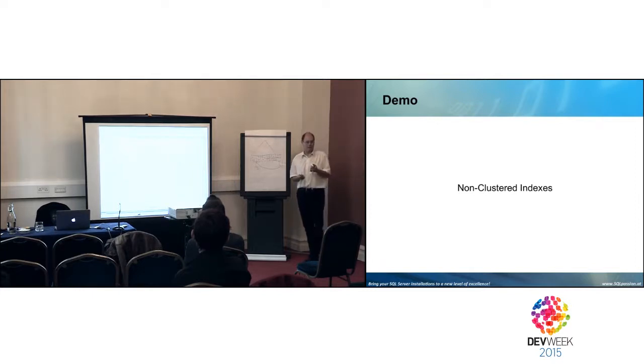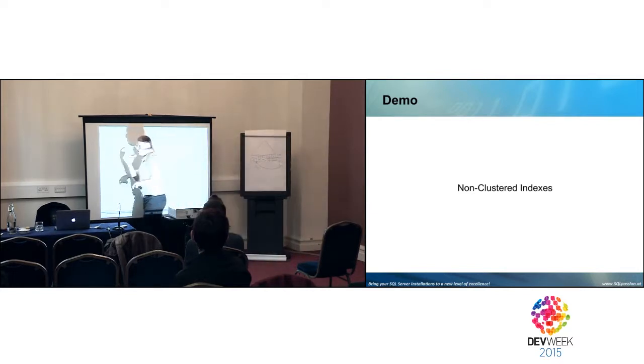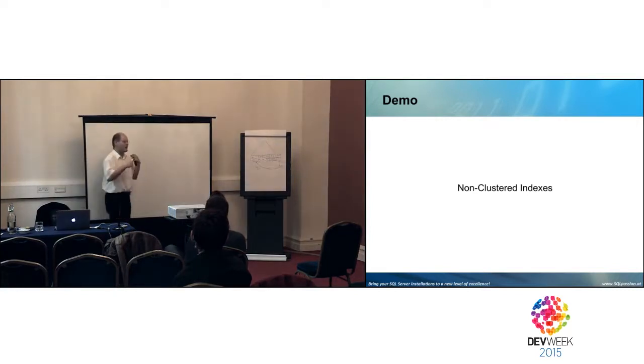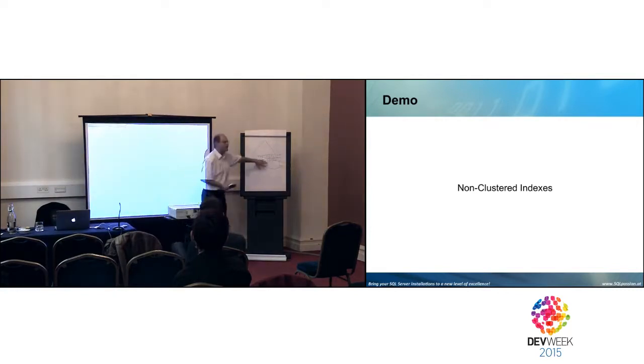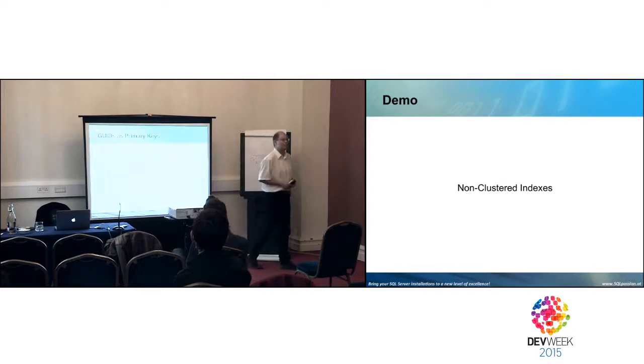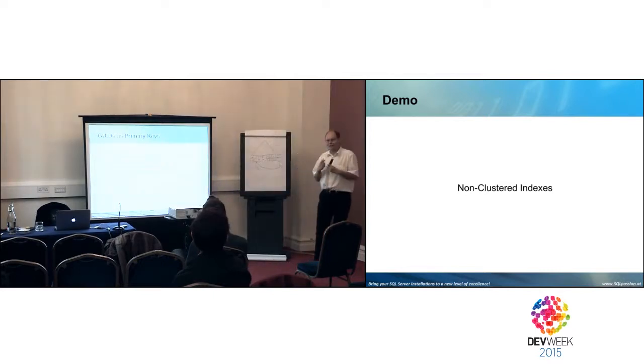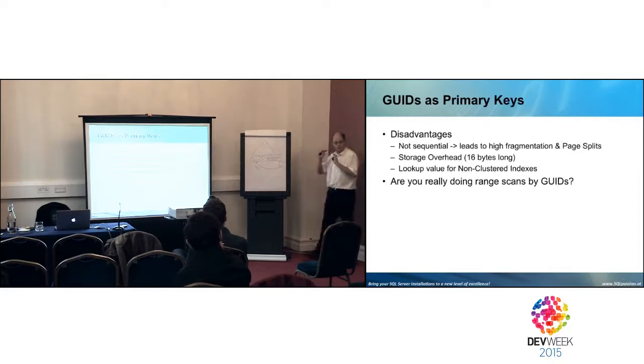That's the first problem. When you use a unique identifier value as your clustered key value, you have an index fragmentation of nearly 100%, 99%, means the logical sorting order of those pages and the physical sorting order of those pages is not the same anymore.